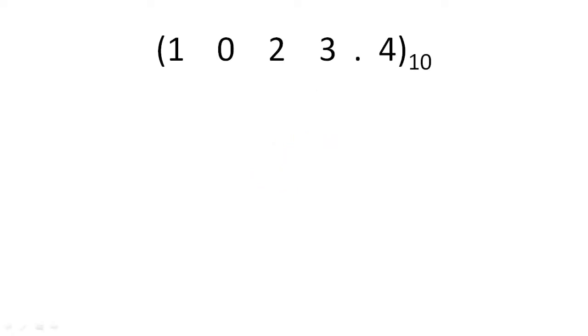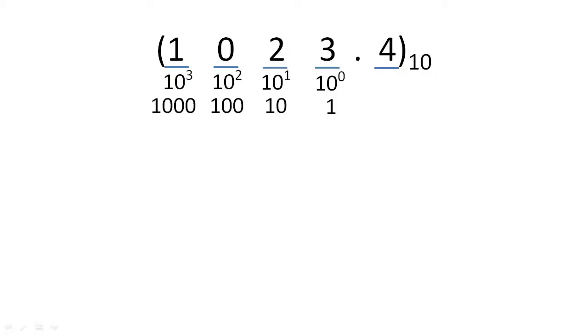When we write numbers, the value of the number is encoded both by the symbols and the positions of the symbols. While these two numbers here contain the same symbols, we interpret them as different values because the symbols are in different places. This notation is called positional notation. For decimal numbers, the position immediately to the left of the decimal point is assigned a weight of 10 to the 0, or 1.